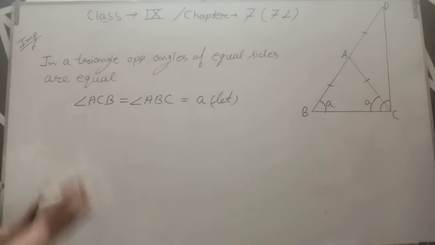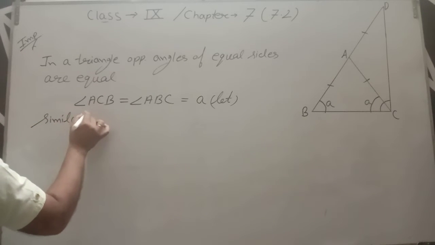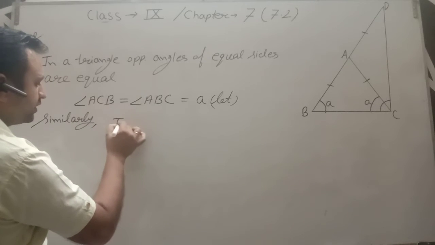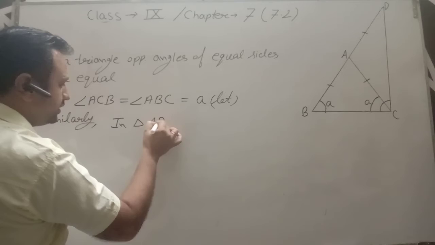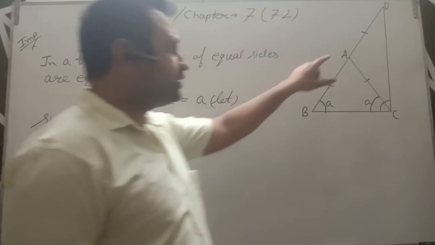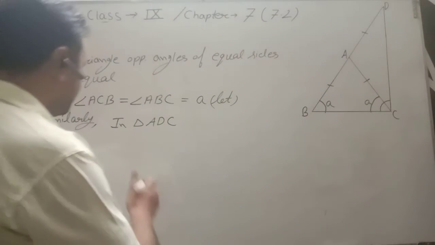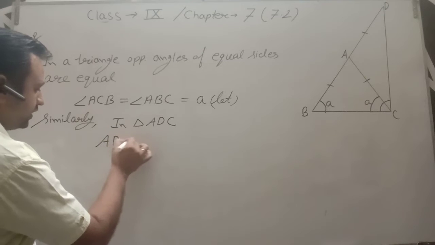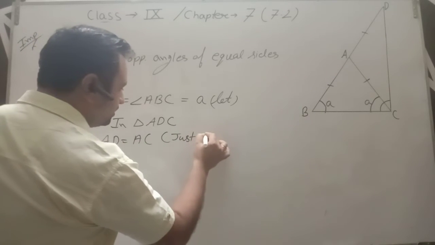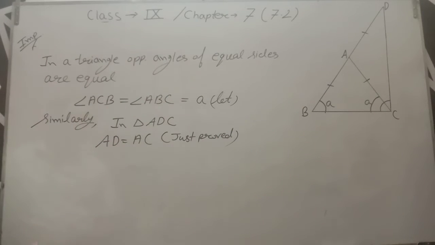Similarly, अब बिल्कुल यही कॉन्सेप्ट हम यूज करने जा रहे हैं. Similarly, in triangle ADC we can observe that AD and AC are equal. AD and AC both are equal, just proved. वही सेम प्रॉपर्टी हम यूज करेंगे.